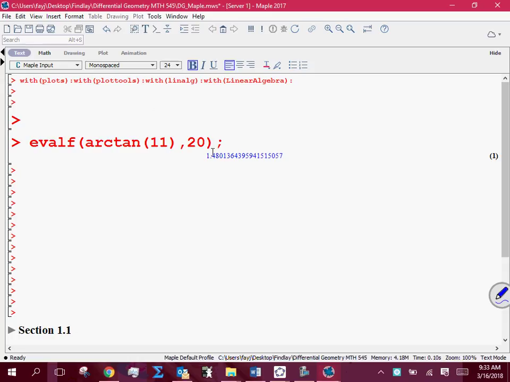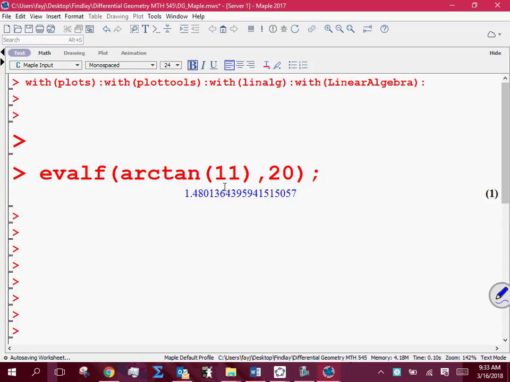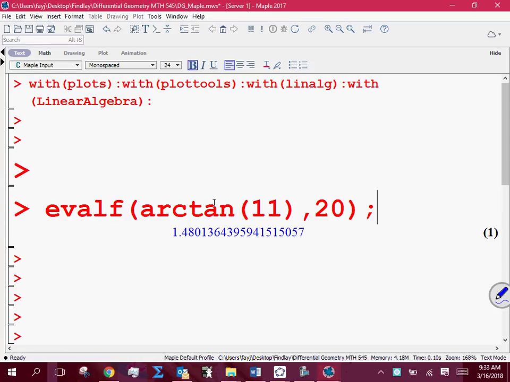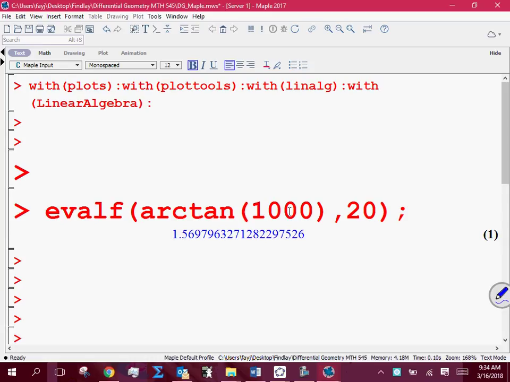Can you guys see this blue number a little bit better now? If I go out to 11 as my x input, okay, that's a good number. But if I go out to, I don't know, 100 on the x-axis, I get that number. Or if I go out to, let's say, 1,000, I get that number, right?